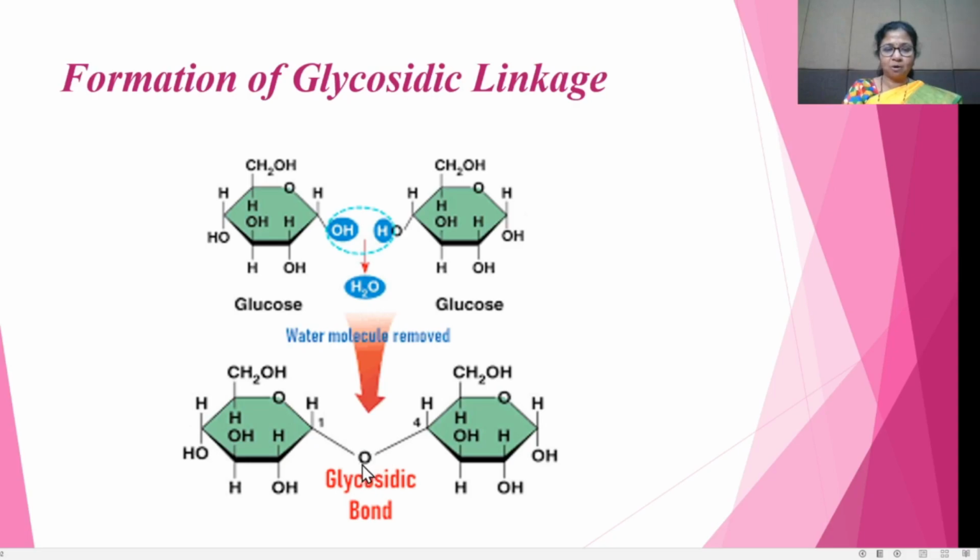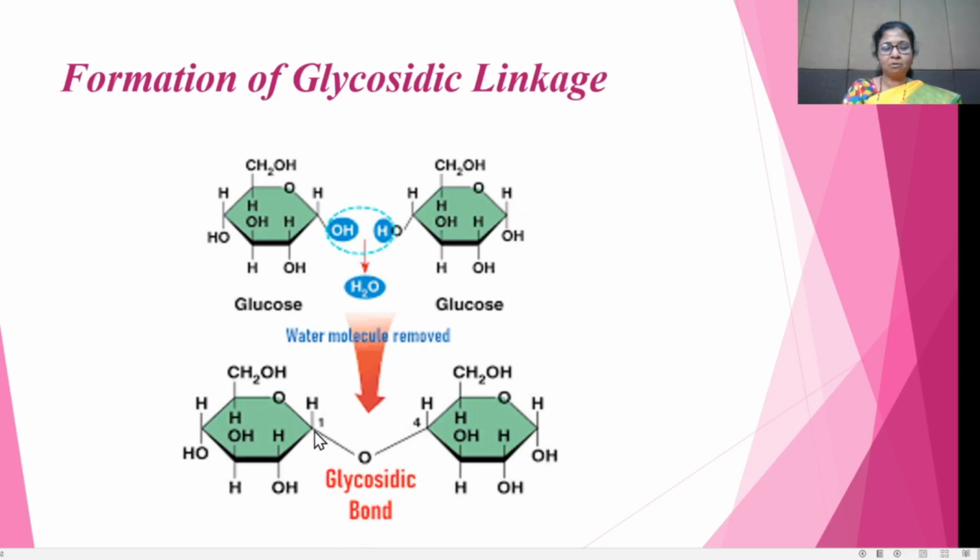This type of bond is called the glycosidic bond. That means the OH of one molecule and the hydrogen atom of the other molecule, the H2O molecule is removed from here and they are bonded by this oxygen atom. This type of linkage is called the glycosidic linkage.